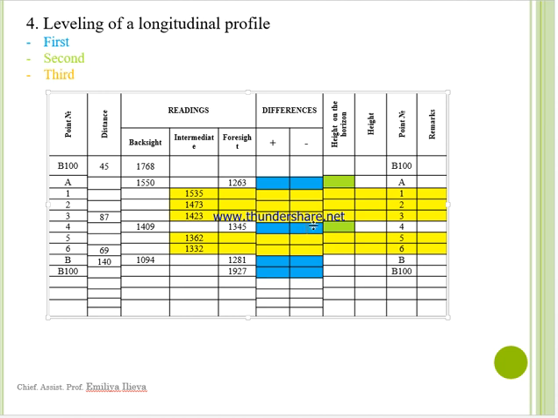The next one is going to be backsight reading to point 4 minus foresight reading to point B. Again, you need to write this value here or here. And the last elevation difference is going to be calculated from backsight reading to point B minus the foresight reading to the benchmark, and you're going to write the value here or here.